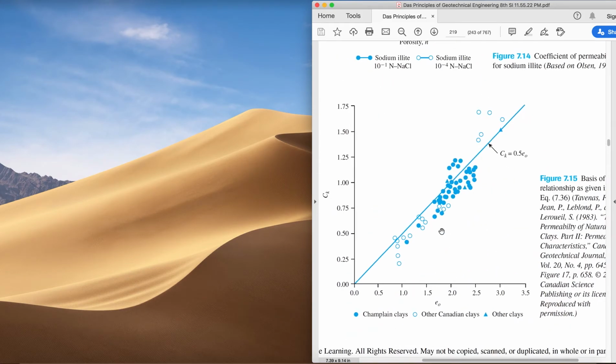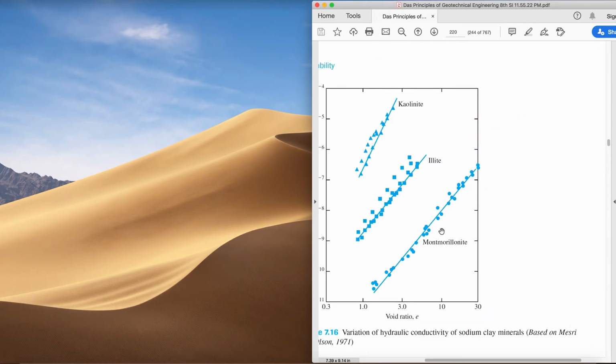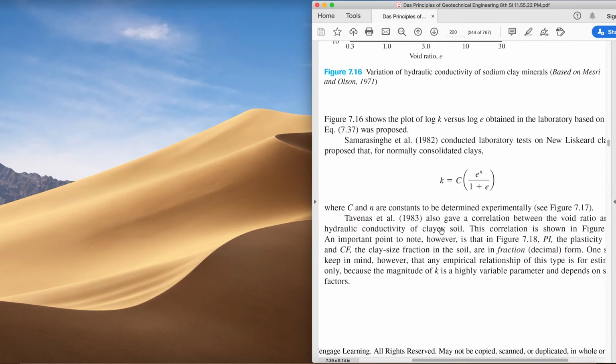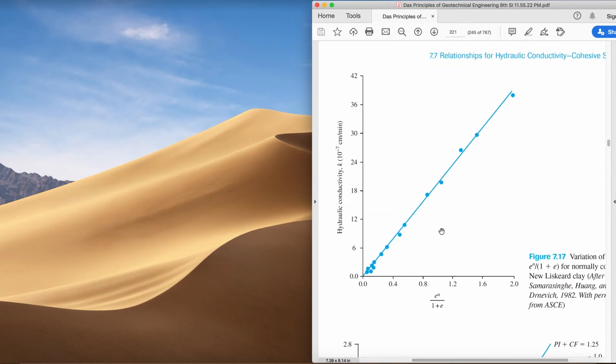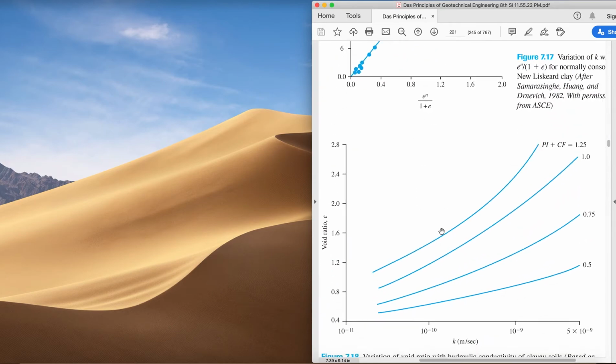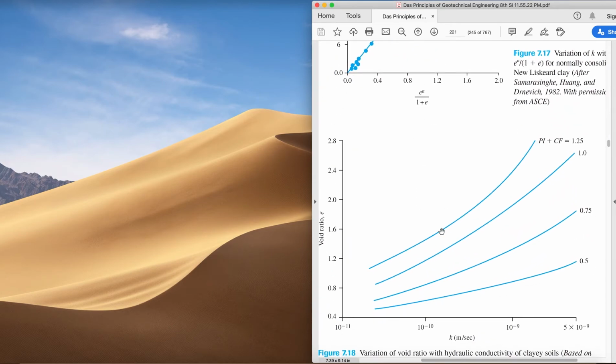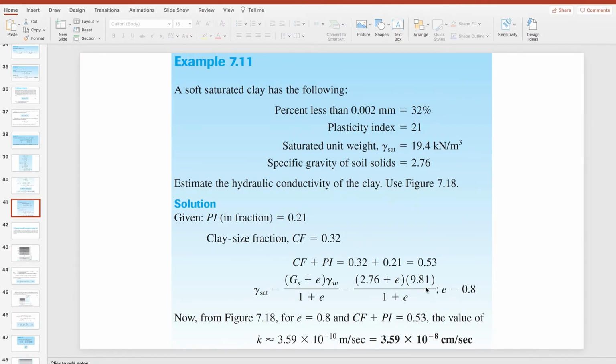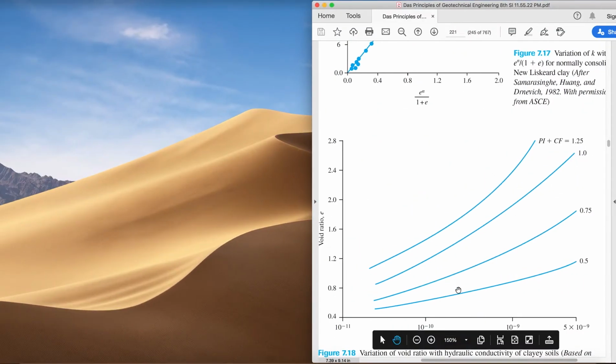It should be 7.18. Ayun. Kaya pala medyo nalilito tayo. Okay? So, the void ratio is 0.8. Tapos, ito, void ratio is 0.8. Tapos, our CF plus PI is 0.53. 0.53, so around here.